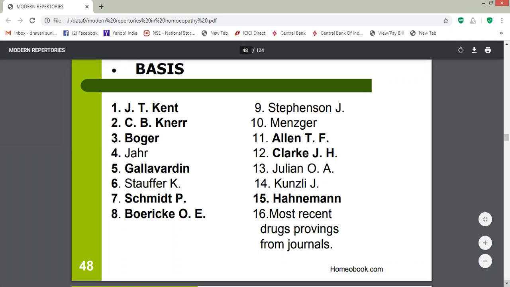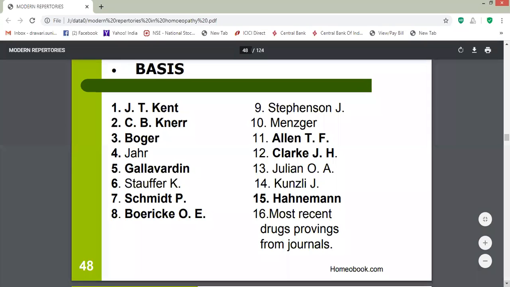Then Jahr's Systematic Alphabetical Repertory of Homeopathic Remedies was referred. Then Gallavardin's work, that is Systematic Homeopathy.